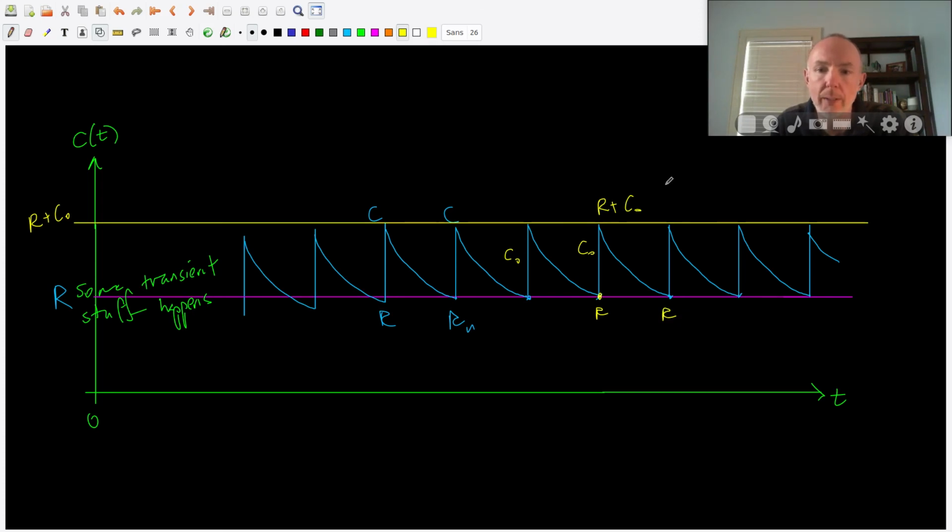And then the residual value here, and then R plus C0 again. So in the long term, the drug just settles down in your system so that it never really drops below that residual amount, but it never rises above that residual plus the effect of one pill, because this increase is the effect of taking one pill. So that gives you an idea maybe of what this model is telling us.